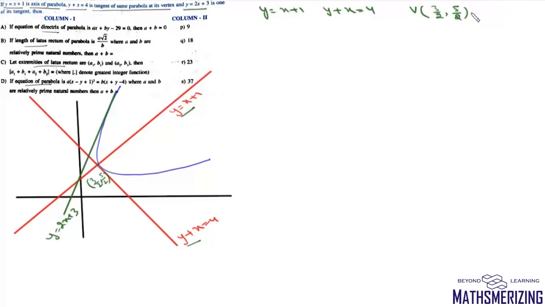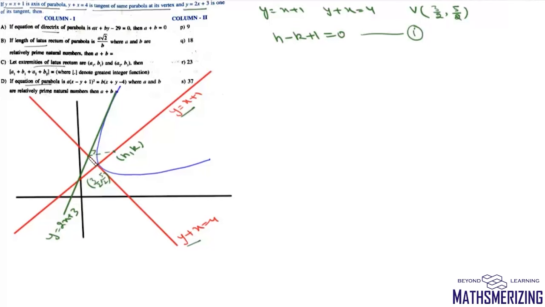Now next we'll find the focus of this parabola. Suppose the focus is (h, k). This focus lies on the axis, so we can write h minus k plus 1 equals 0. That's my equation number 1. We also know that the foot of the perpendicular from the focus to any tangent lies on the tangent at the vertex.